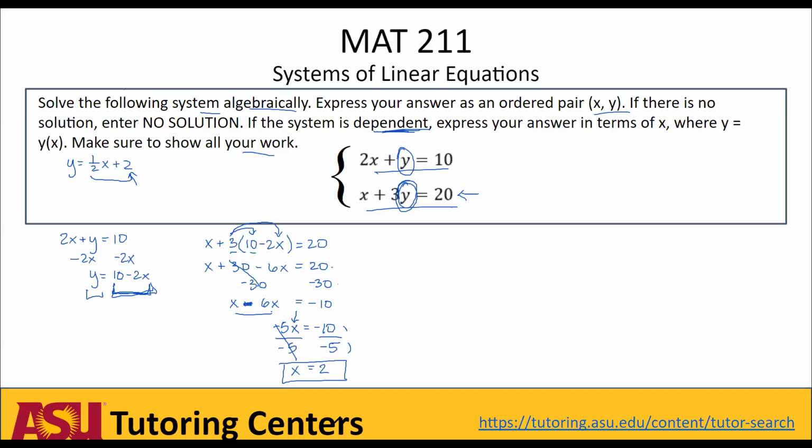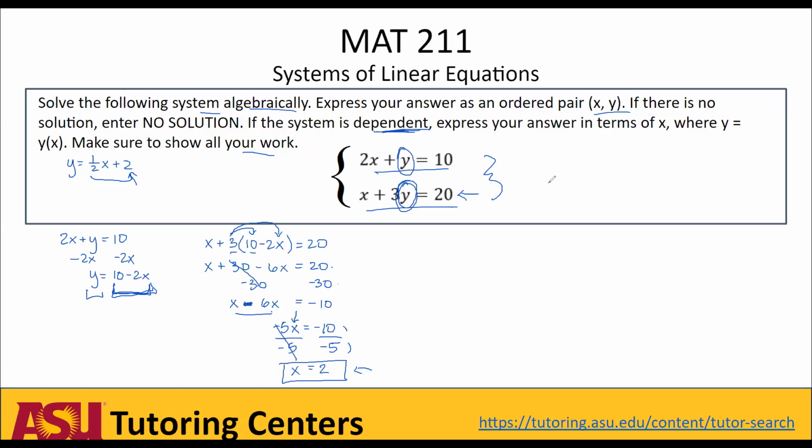So now what we want to do is substitute this x equals 2 into one of these two equations in order to solve for, hopefully, a value of y that allows us to find one specific point. So if we get one specific value of y, then we know we have a specific point.